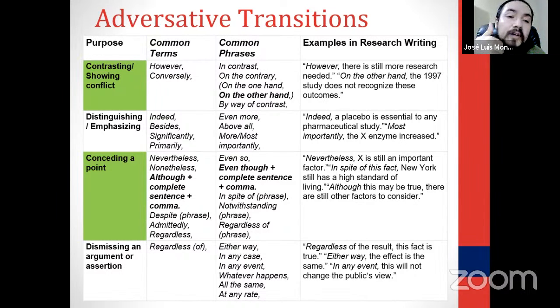And for considering a point, you have nonetheless, nevertheless, despite, despite that situation, despite that, despite the weather, and so on, admittedly, regardless, or regardless of. That's actually more of a phrase. And here only regardless, and then we have regardless of.